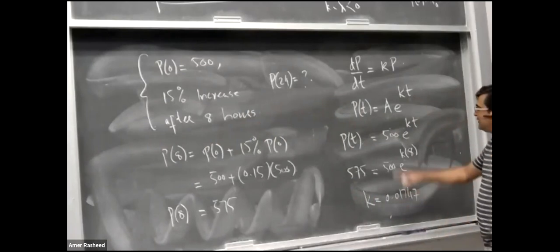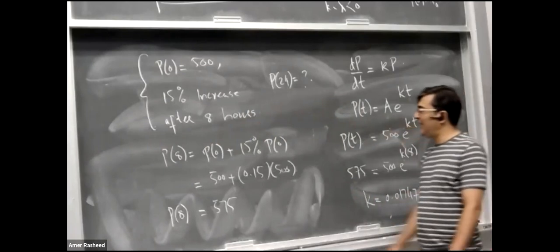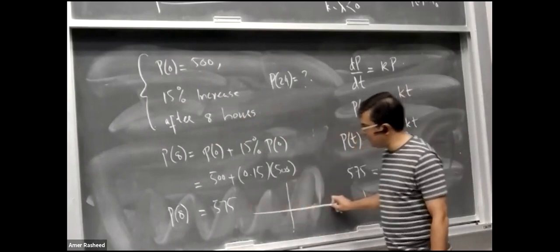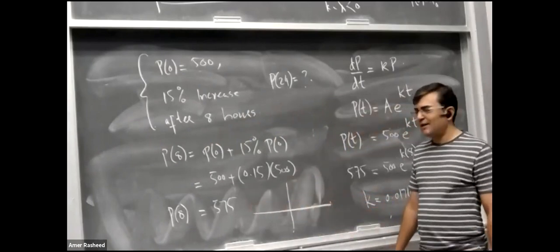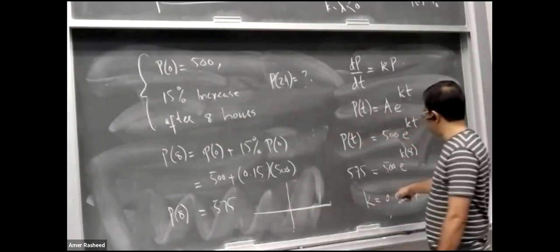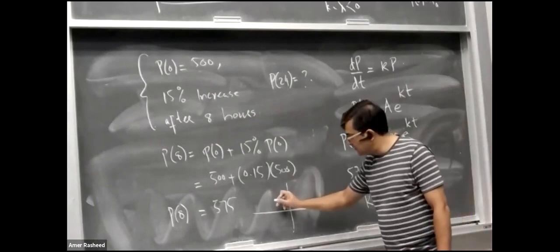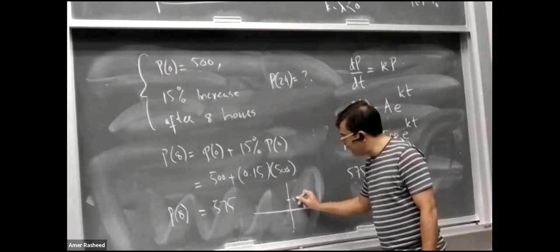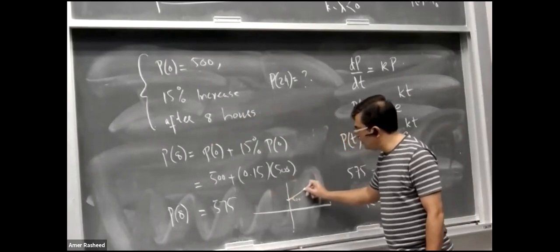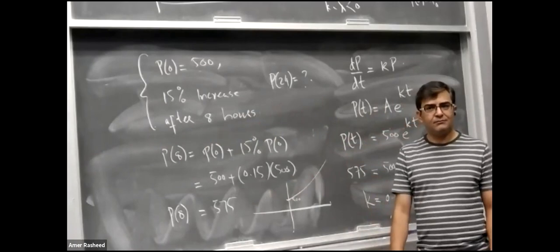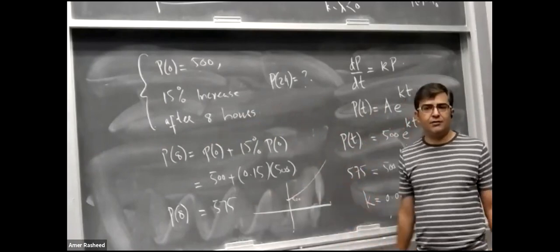You can plot these solutions. In fact, they are exponential solutions. Okay? They start with, for example, this solution will start from 500. Okay? And it will go up there. These are exponential kind of solutions.